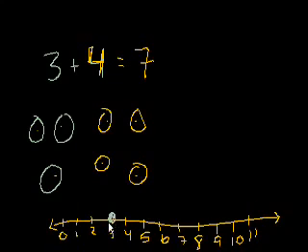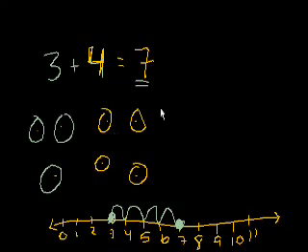So I have 3 here, and we're going to add 4 to that 3. All we do is go up the number line, to the right, 4 more. So we go 1, 2, 3, 4. Notice all we did was increase it by 1, by 2, by 3, by 4, and then we ended up at 7. And that was our answer.